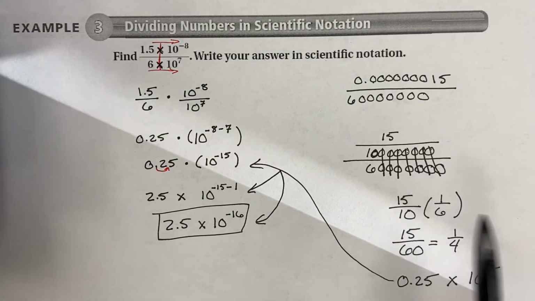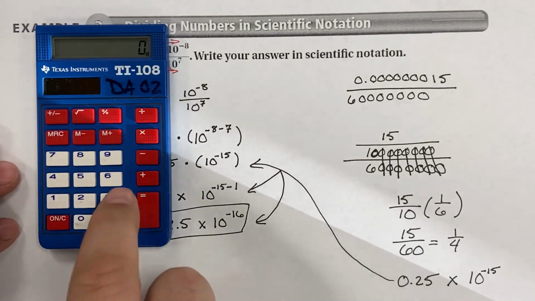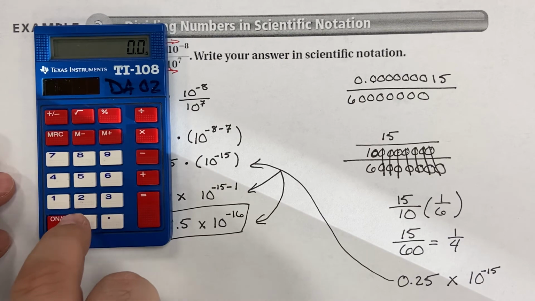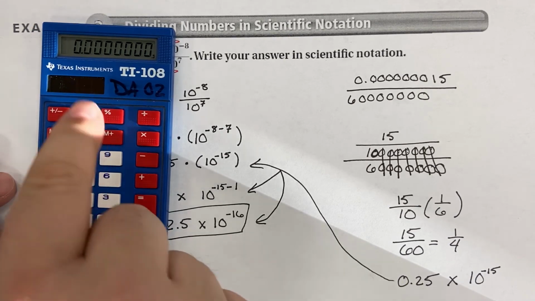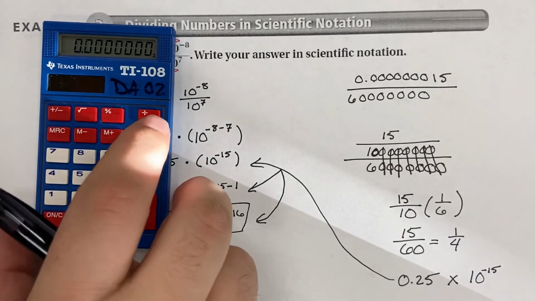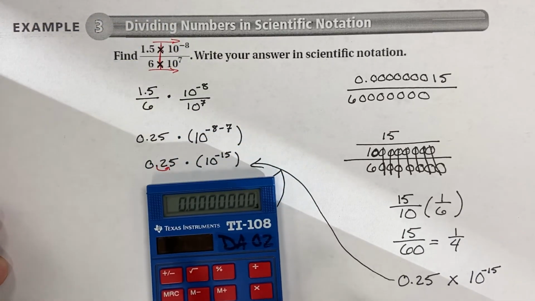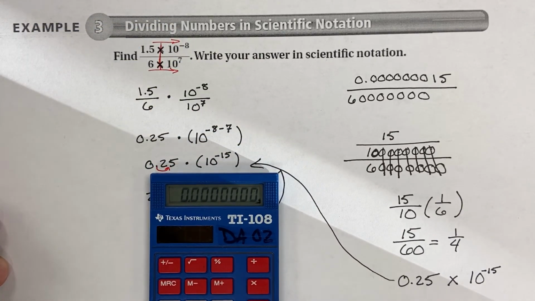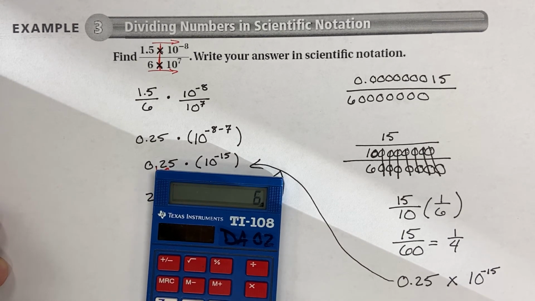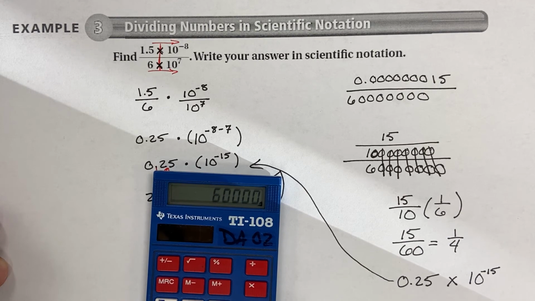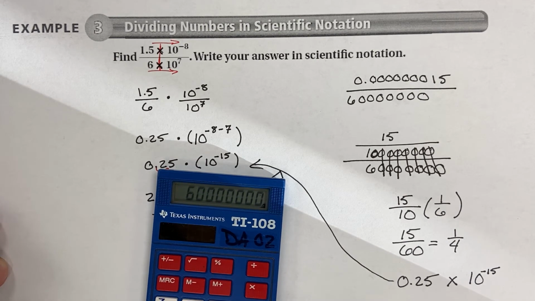We could also try to punch it into our calculator. Let's watch this. 0.0000000015. I don't even have enough room. If you can see it, the calculator does not have the number I just punched in. Divided by 6000000.